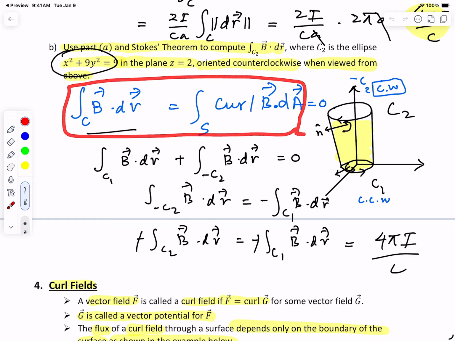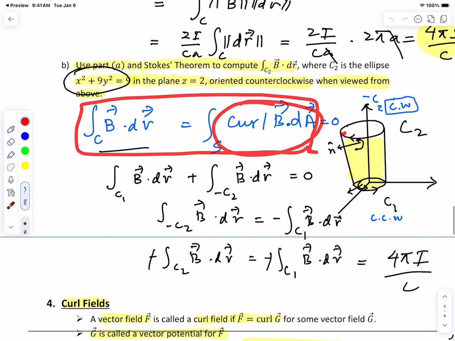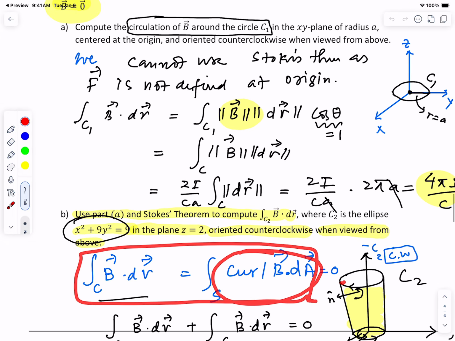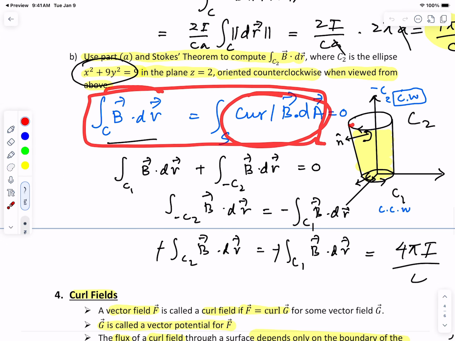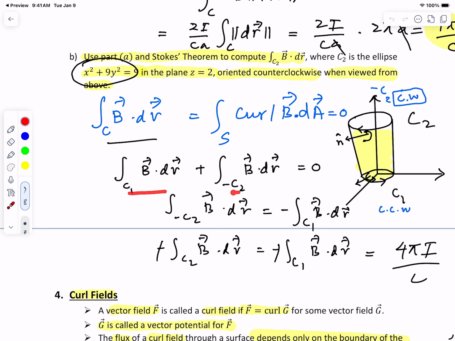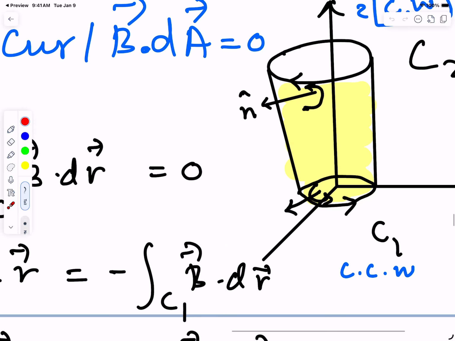This guy is Stokes theorem, but this right hand side is 0 because of some reason that we proved. I think the curl is 0 because of that. Then this integral over C, this boundary, this one and this one, can be decomposed into C1 and negative C2. Why negative C2? Because C1 is coming from the orientation of normal pointing outward.